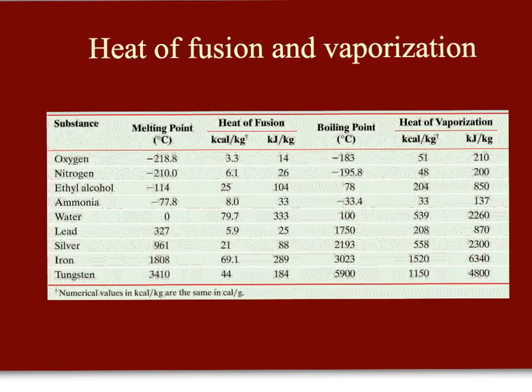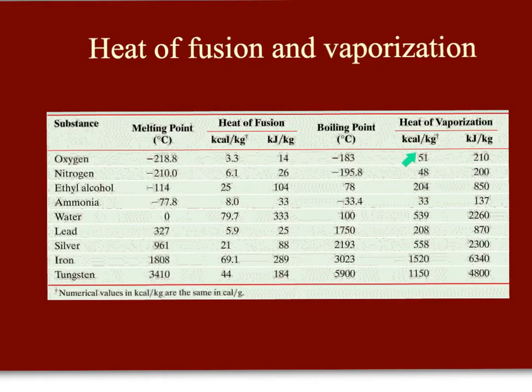Now, before we look at the upcoming problems, I wanted to show you this chart of heat of fusion and heat of vaporization. You'll notice that we have our substances over here on the left. Each substance has a specific melting point and a specific boiling point. Also, each substance has a specific heat of fusion, whether it's kilocalories per kilogram or kilojoules per kilogram.